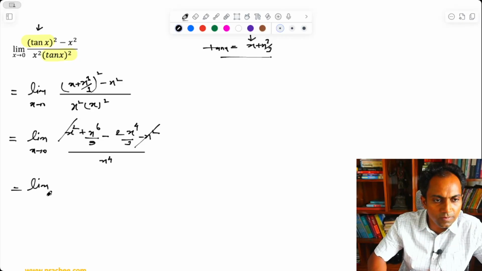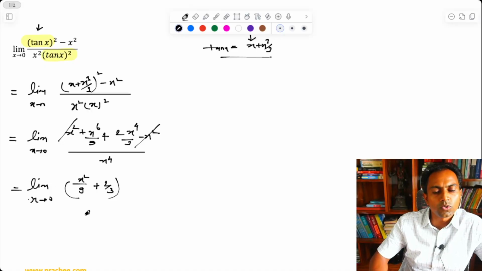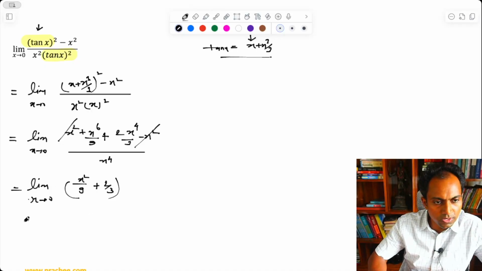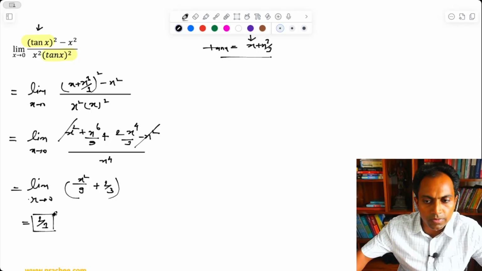In the next step, we will be able to cancel out x raised to the power 4. So, this is x square by 9 plus 2 by 3. This should be plus sign. Yeah. So, once you have this, x can be substituted as 0, answer becomes 2 by 3. We have got our answer.